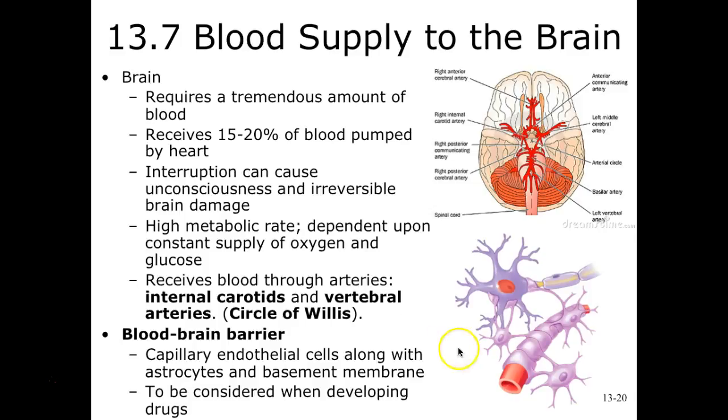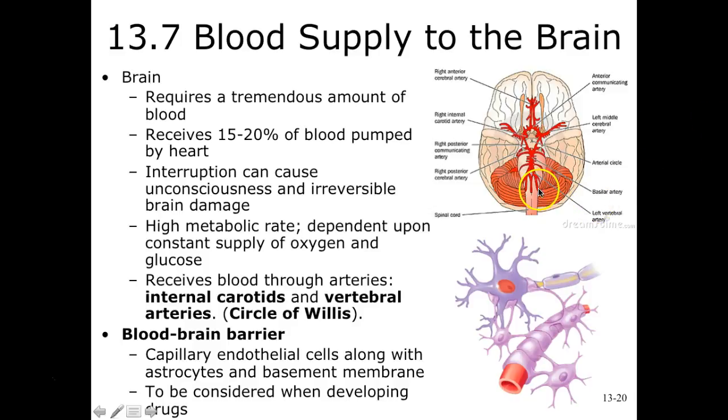Some arteries that work to supply this are our internal carotids. The word carotid actually means to sleep because you find the carotids also in your neck. And I'll show you this in our cadaver lab. So if you put pressure on the carotid artery, that stops blood supply to the brain and causes somebody to pass out or to go to sleep.